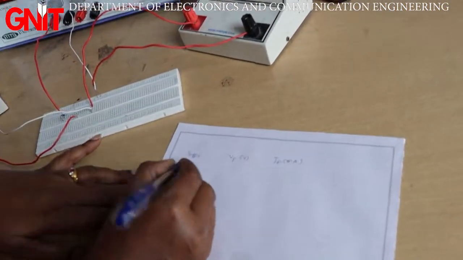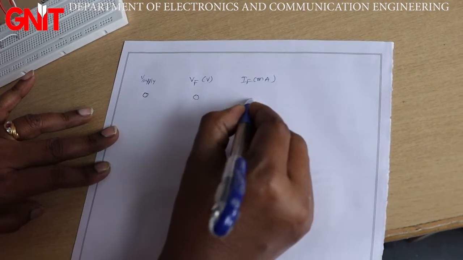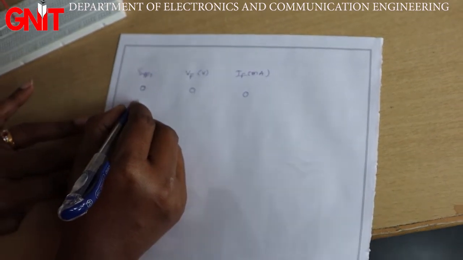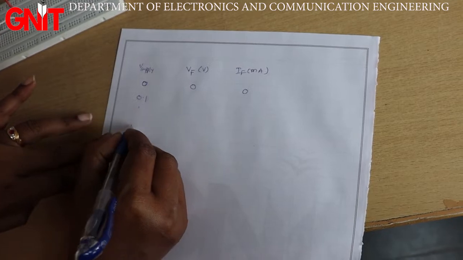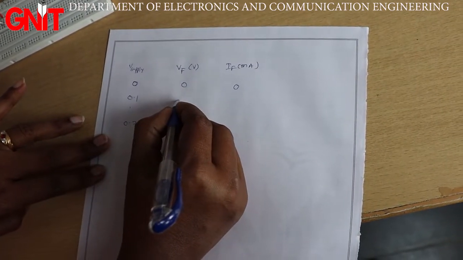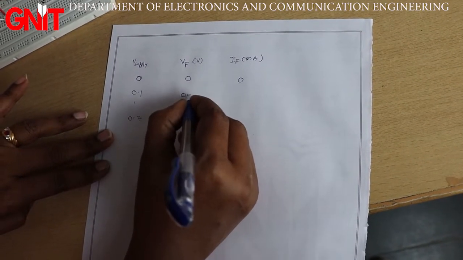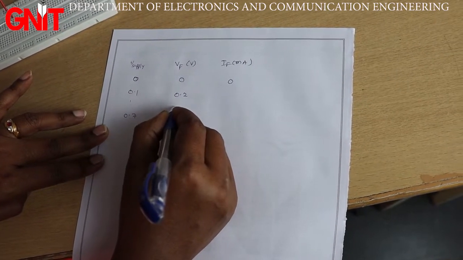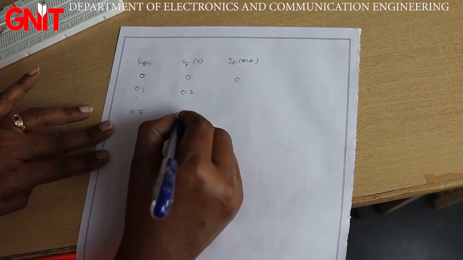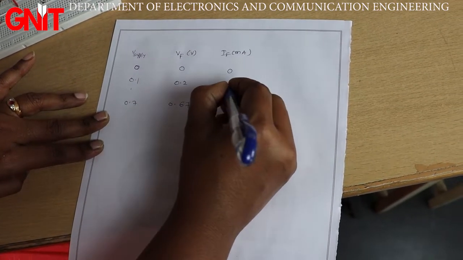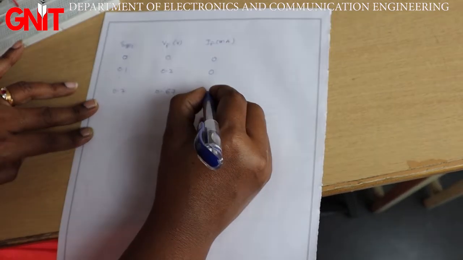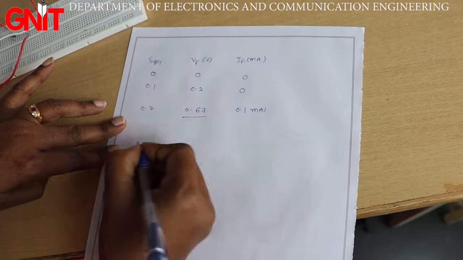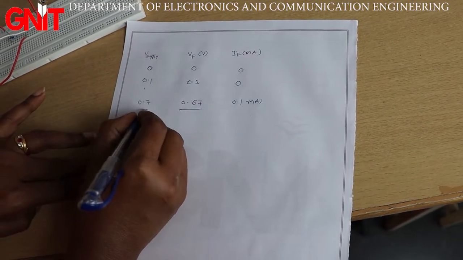For 0 supply voltage, I got 0 voltage and I got 0 current, and till 0.7, 0.1 to 0.7, this particular voltage will be called as cut-in voltage of this external voltage.